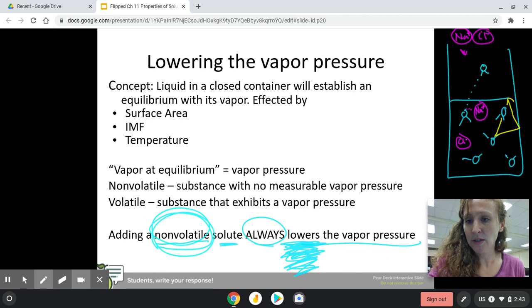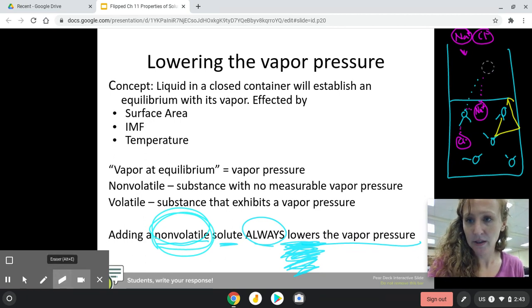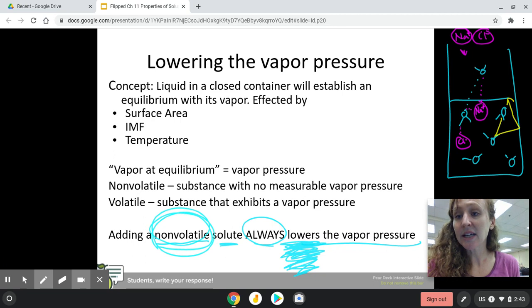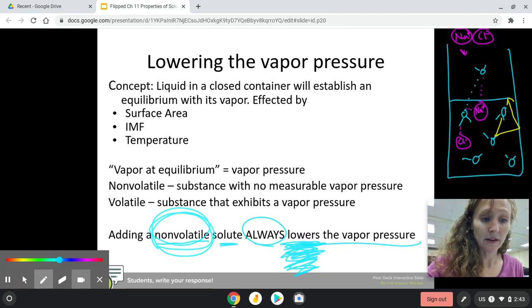And so it's going to mess with that attraction, and it's going to keep, I guess that's the wrong part of the little molecule. Let me flip that molecule around. Okay, it's going to keep those molecules from escaping from that liquid.